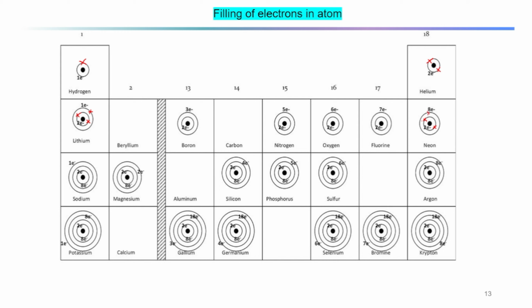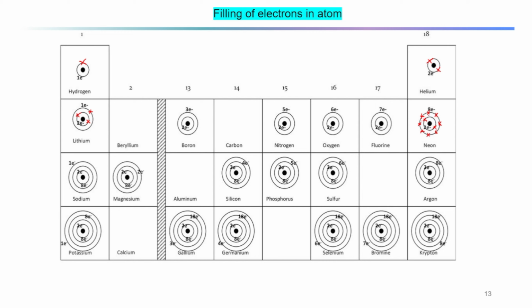One by one we put 8 electrons: 1, 2, 3, 4, 5, 6, 7 and 8. So in the case of neon, the first 2 electrons are in the first orbit and the next 8 electrons are in the second orbit.